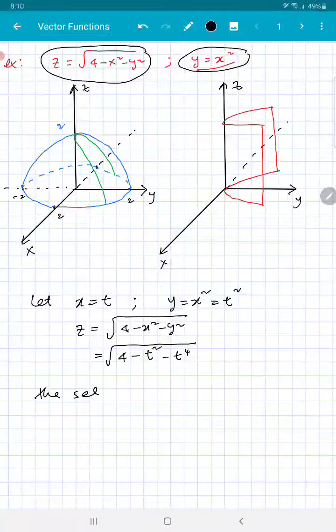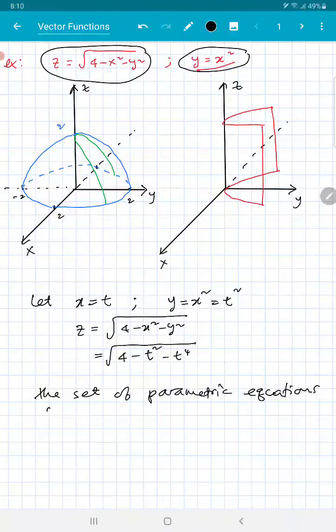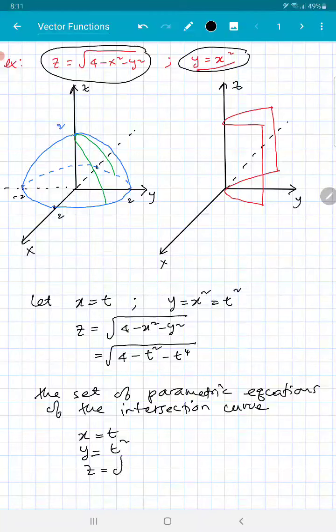The set of parametric equations of the intersection curve would be x equals t, y equals t squared, and z is equal to the square root of 4 minus t squared minus t to the power of 4.